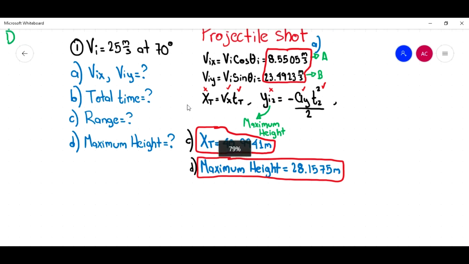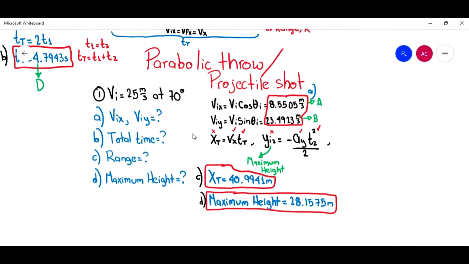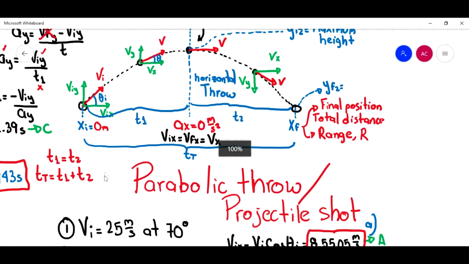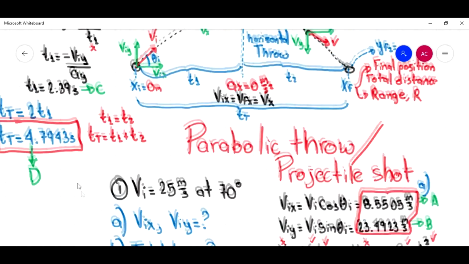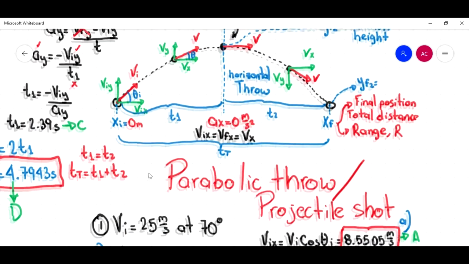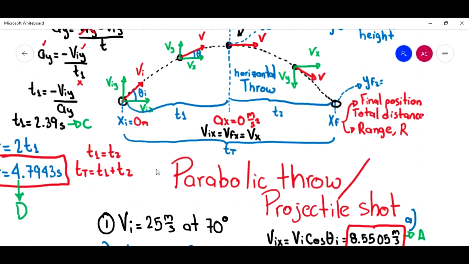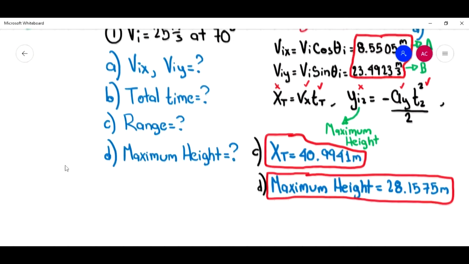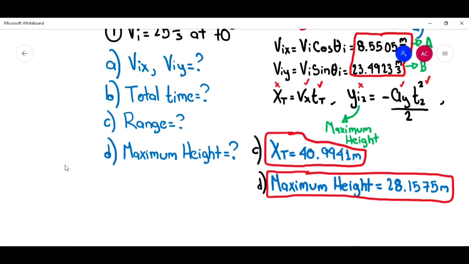Now, that is the end of the problem, but what if I want to find, total time 1 is 2.39. What if I want to add another question, letter E: velocity at 4 seconds.